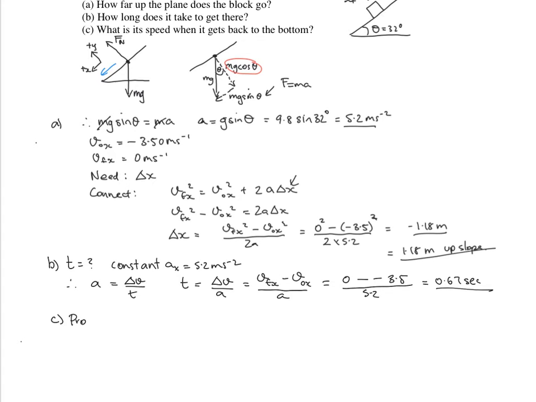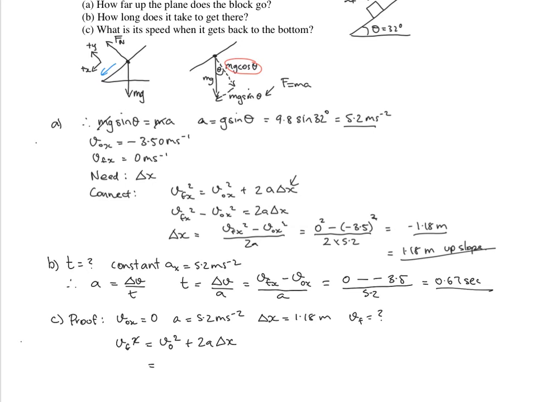So just with a proof, we can say, let's start at the top with V naught x equals 0. And we have the acceleration of 5.2 meters per second squared. And we want to get back to where we started with a displacement of positive 1.18 meters. We can use an equation of motion. We want to find what our final velocity is to show that it's the same as before. The final velocity squared equals the initial velocity squared plus 2a delta x. We can put some values in there.